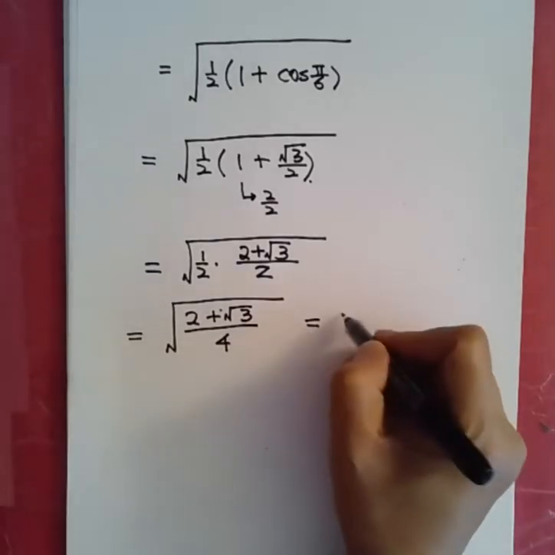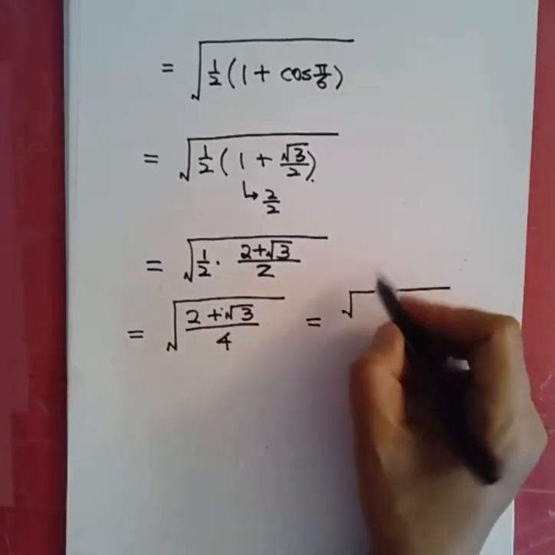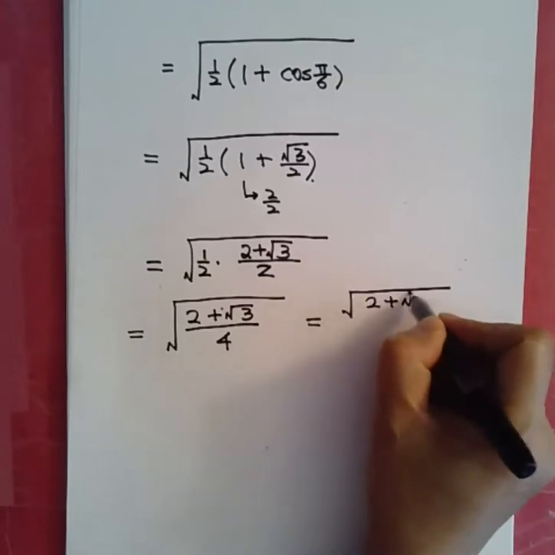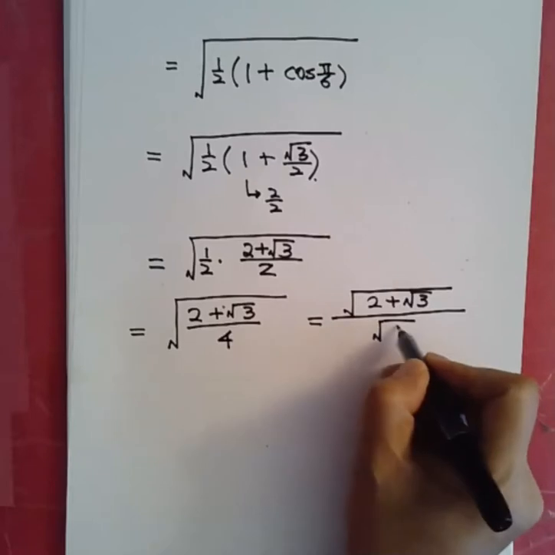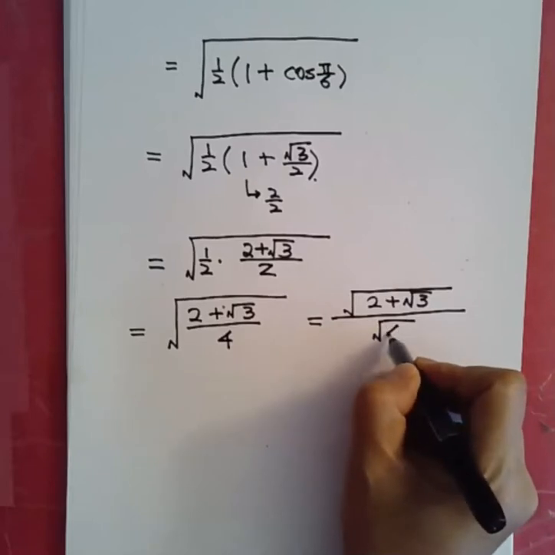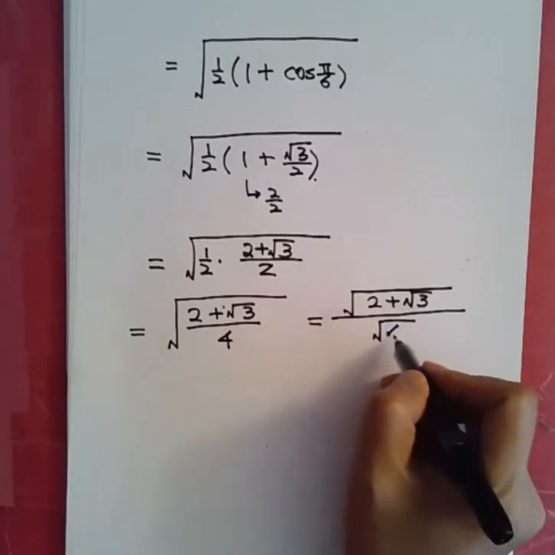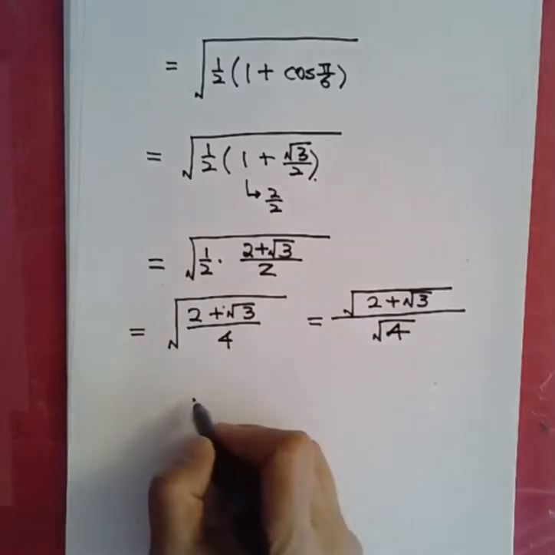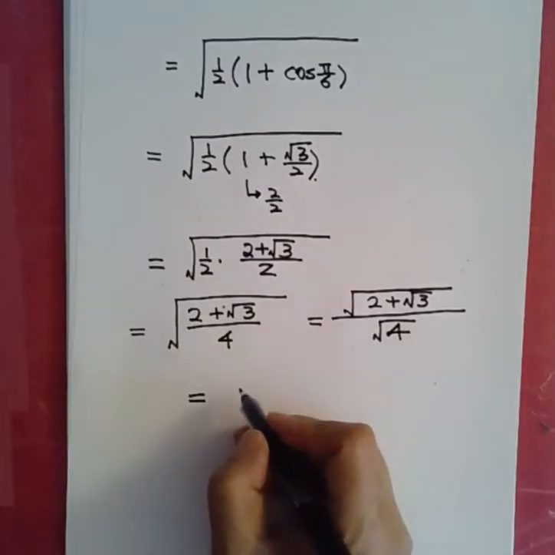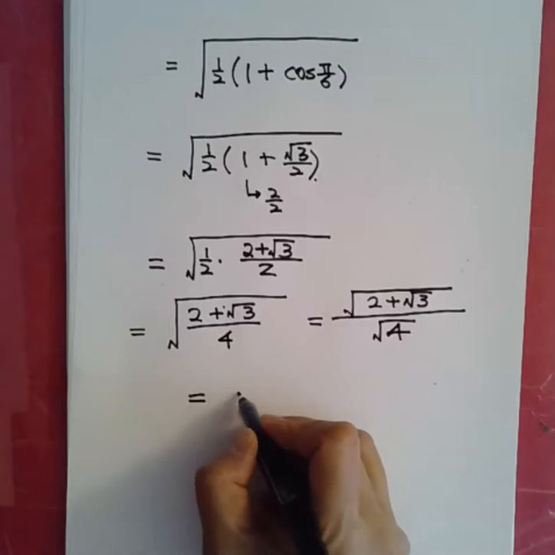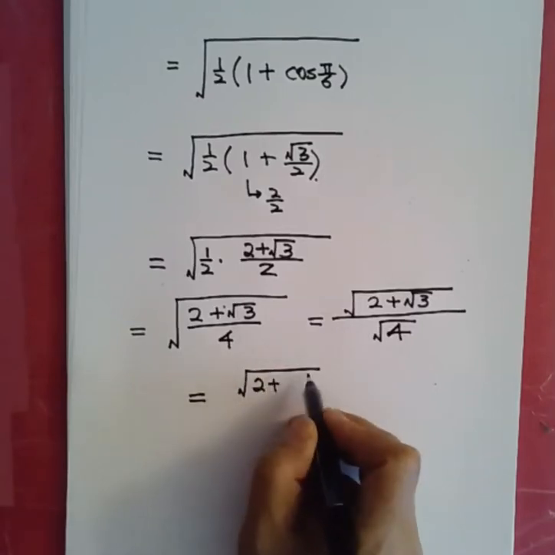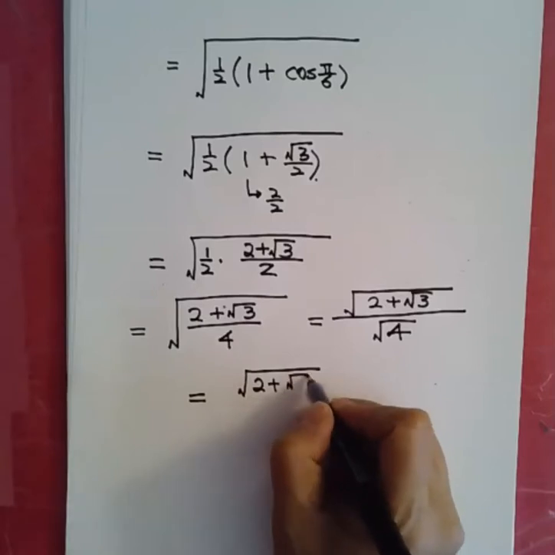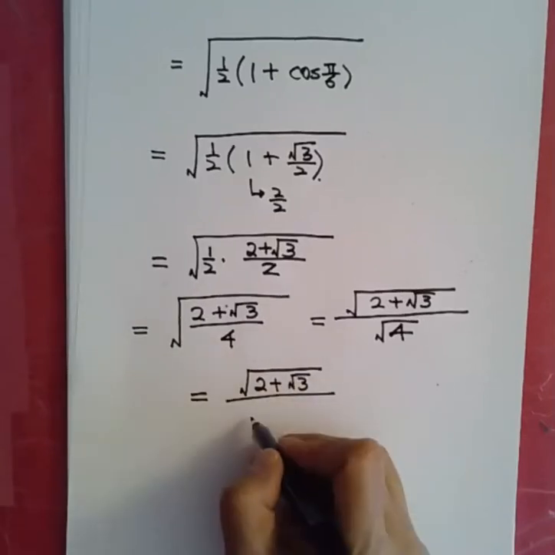If we put square root on the numerator and denominator, then that is square root of 2 plus square root of 3 over square root of 4. Square root of 4 can be written as 2. So the final answer is square root of 2 plus square root of 3 over 2.